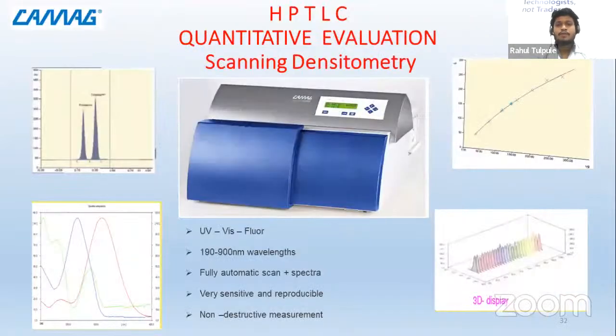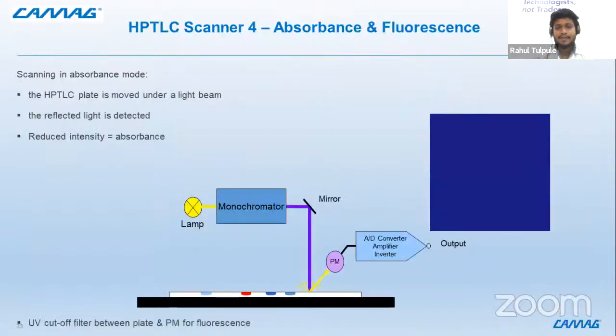Then we're talking about the scanner. When we talk about the scanner, it takes light in UV, visible, and fluorescence. It has a wavelength range of 190 to 900 nanometers, and it can take spectra as well for identification.